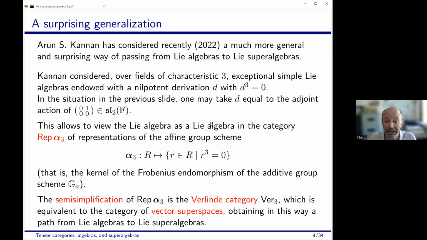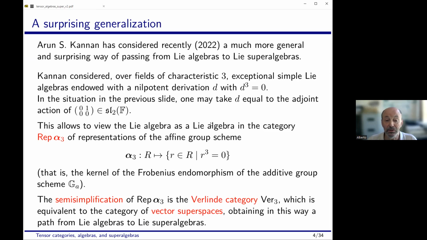So he obtained in this way all the Lie superalgebras that I had obtained previously in a different way, getting rid of SL2 and F4 squared, and using a unified way of doing things and a very general way. I should say, much more general than the way I presented it before.